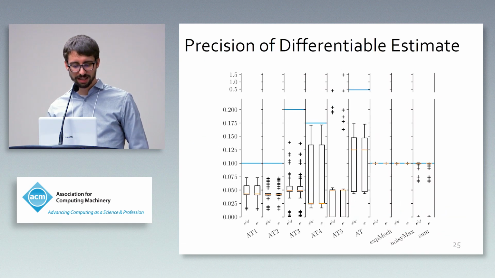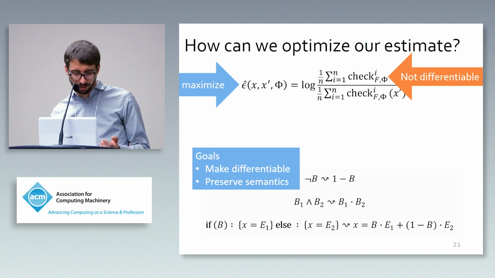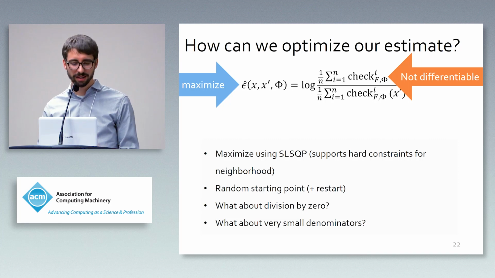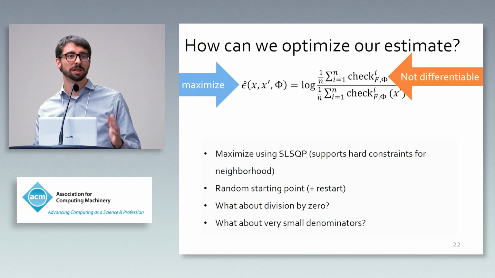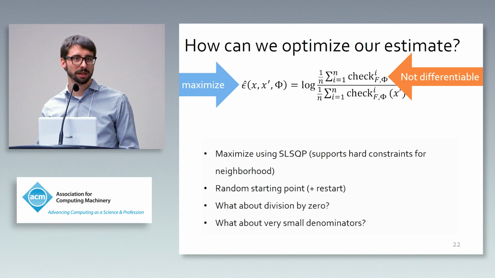Right. So this essentially boils down to what kind of optimization mechanism we use. We use SLSQP, which is an off-the-shelf optimizer, and this supports hard constraints for the neighborhood. In particular, the kind of constraint that we looked at is "at most one away", which works well for this kind of neighborhood relation.